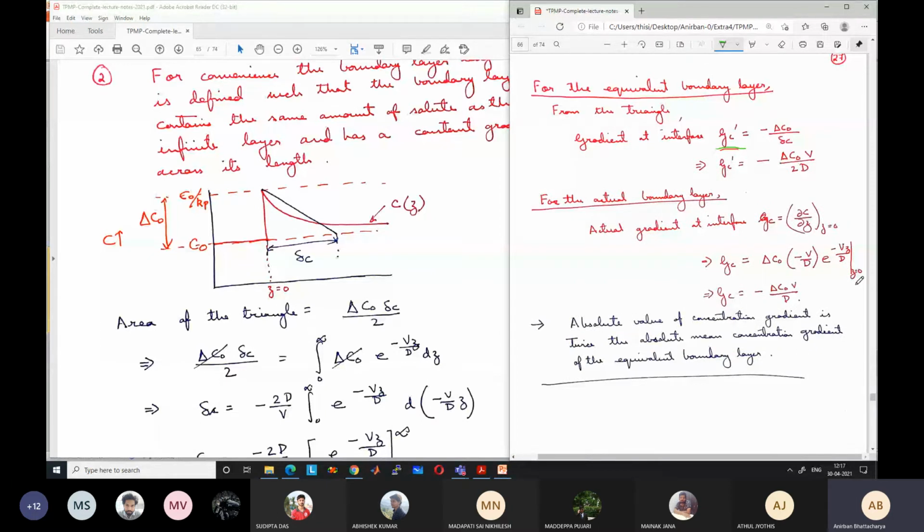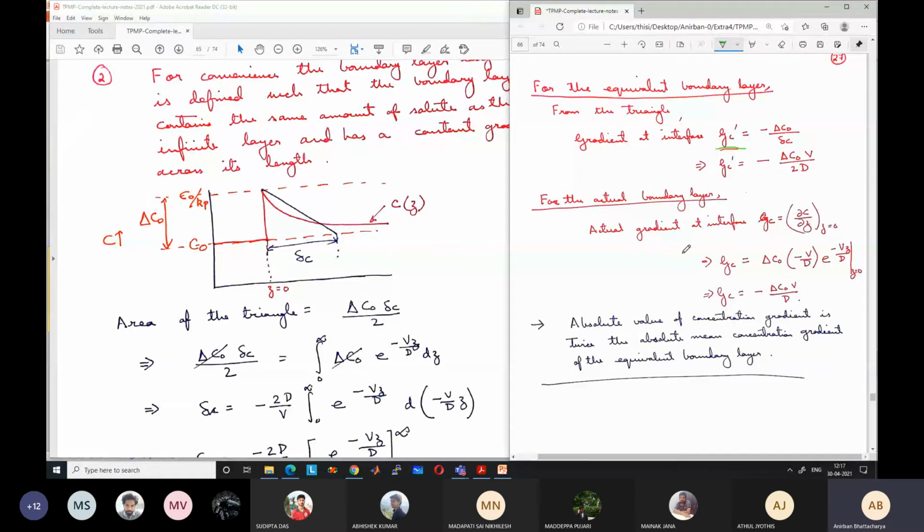So you can see that the actual boundary layer has a larger gradient.